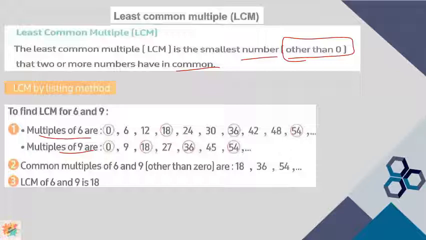Common multiples: which number is repeated? It's 18, 36, 54 and so on. Which of them is the least common multiple? It's 18, because 18 is the smallest number other than 0. Remember, zero can never be the least common multiple.